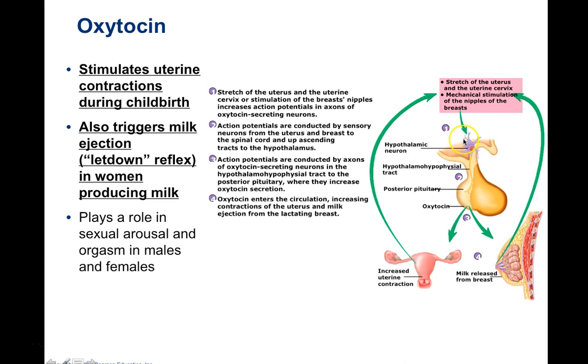We have our hypothalamic neuron within the hypothalamus. We will get a signal from the uterus that travels over to our hypothalamus and tells it that the uterus is stretching and basically the baby's head is butted up to the cervix, and we are going to then tell the hypothalamic neuron to send an action potential down this hypothalamo-hypophyseal tract over to the posterior pituitary gland where oxytocin is stored.